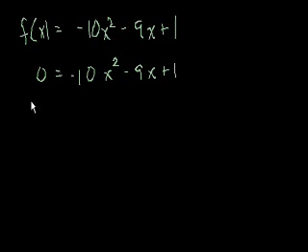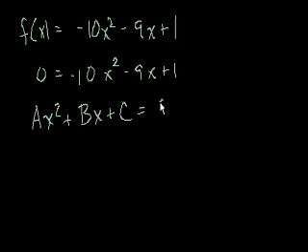And here we can use a tool called the quadratic equation. Now I'm going to give you one of the few things in math that's probably a good idea to memorize. Let's say the quadratic equation is ax squared plus bx plus c equals 0. So in this example, a is minus 10, b is minus 9, and c is 1.